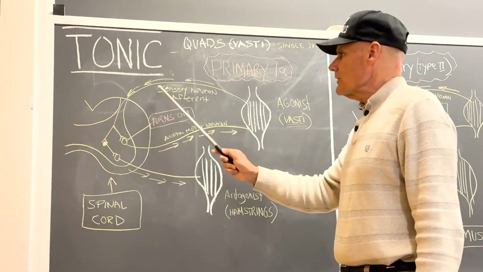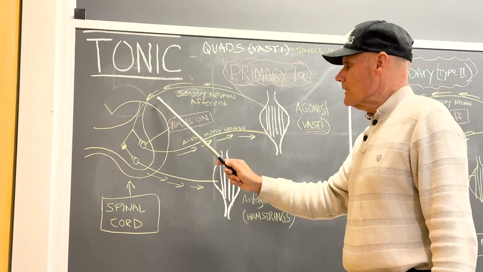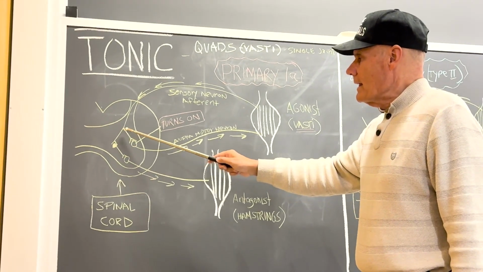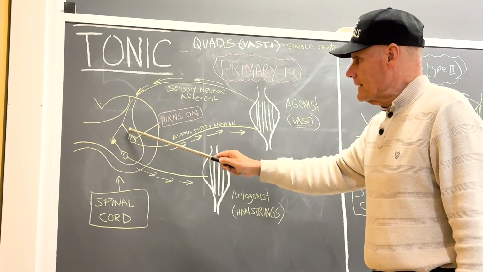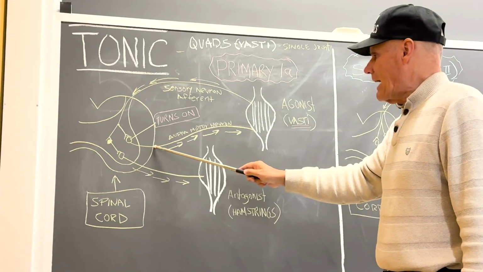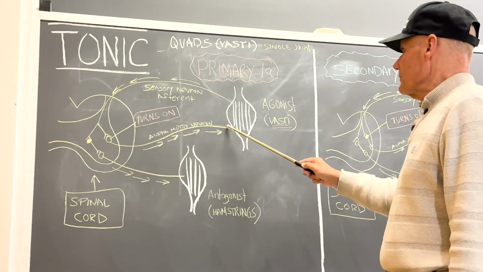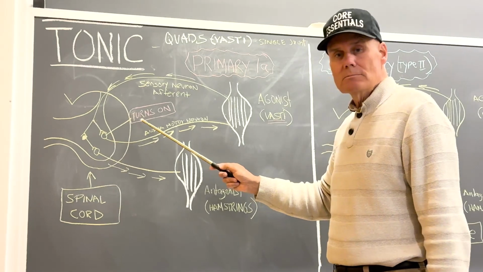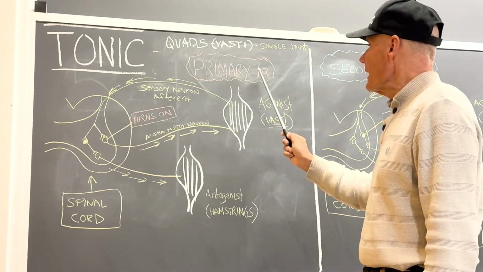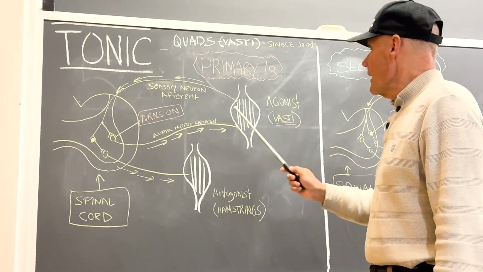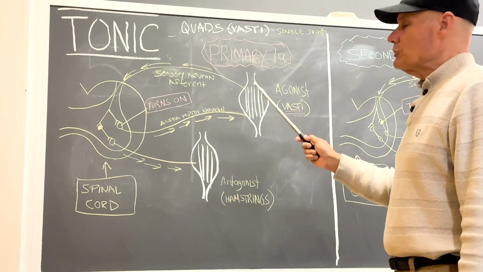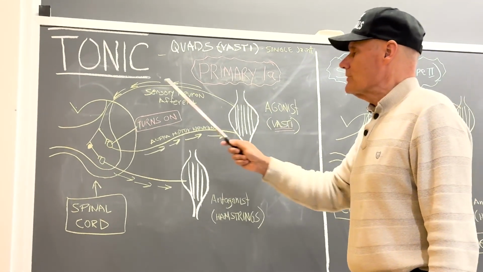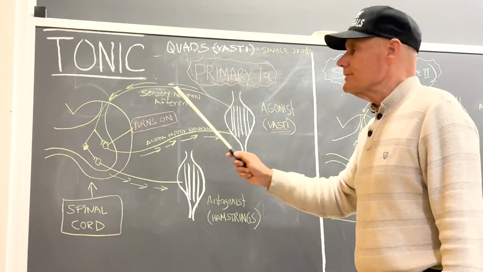So it sends the signal via an afferent nerve, sensory nerve, into the central spinal column. It bifurcates here, we'll talk about that in a second, sends the signal back via an alpha motor neuron to the extrafusal fibers. It causes the muscle to contract. It turns on the muscle. That's primary 1A's influence on the muscle. Remember, it's attached to the bag and chain, and it basically senses quick changes in length.